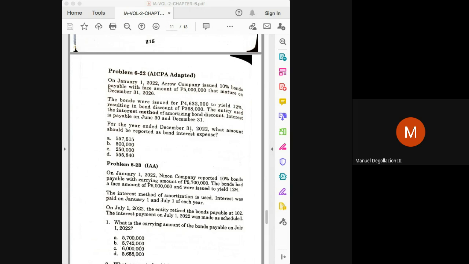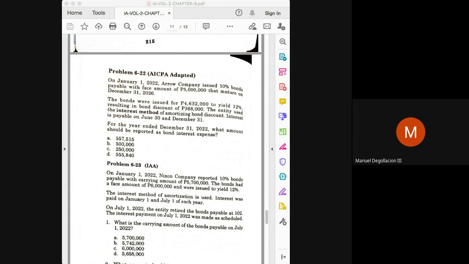Okay, how much was the initial discount? It was 368,000 given in the problem. How much was the amortization of the discount on the first half of the year? 27,920. Okay, so the remaining discount then after the first 6 months would be 368,000 minus 27,920. We will have 340,080.